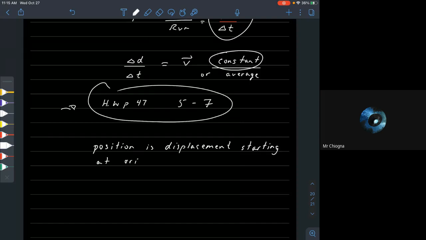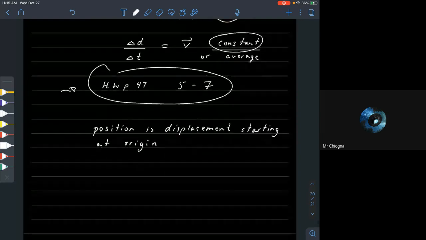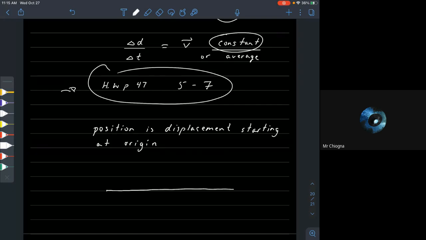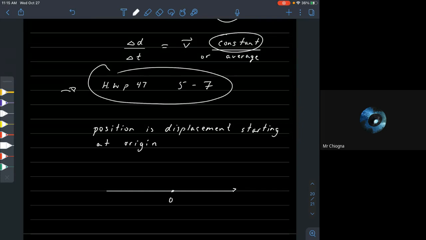So what does that mean? I'll just visually show you what the difference is. The origin on a number line. When I always speak of origin, I'm thinking in my mind of a number line, which is numbered. To the right, it's positive. To the left, it's negative numbers. So I'm going to focus on the positive numbers.